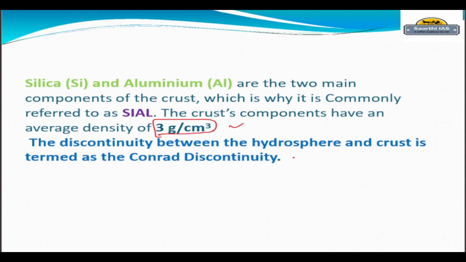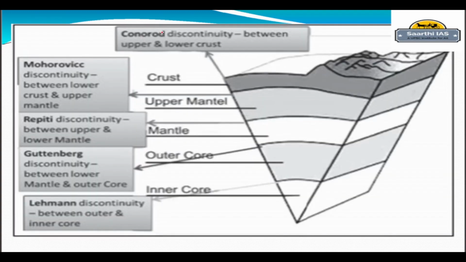The discontinuity between the upper and lower crust is termed the Conrad discontinuity. We will have a look at the different kinds of discontinuities that we observe in the interior of the earth. So, Conrad discontinuity is a kind of discontinuity that is formed between the upper and the lower crust.